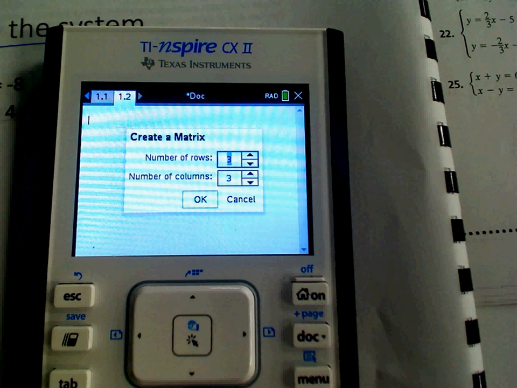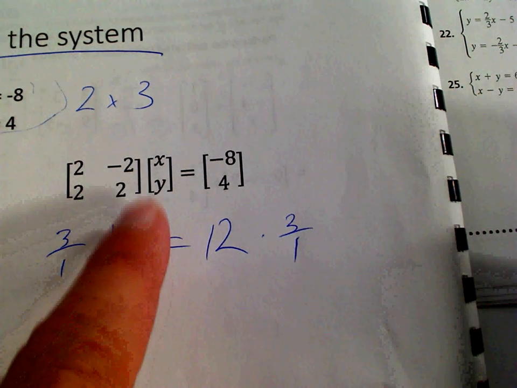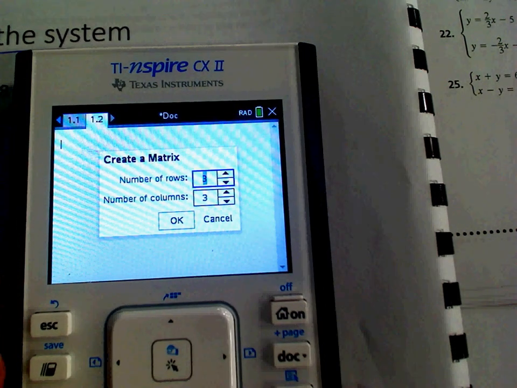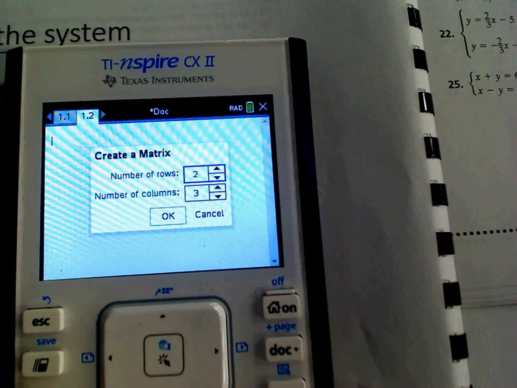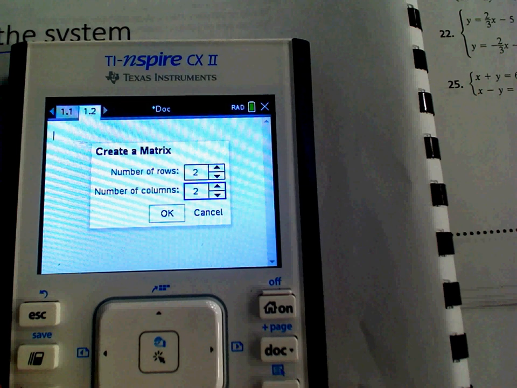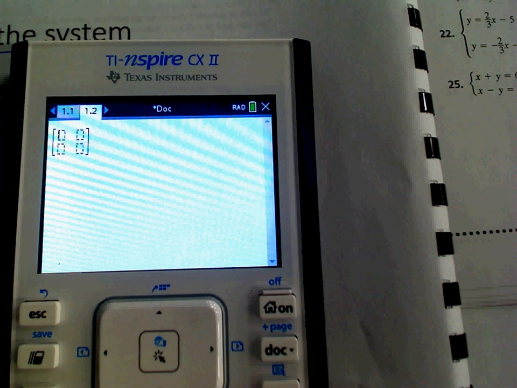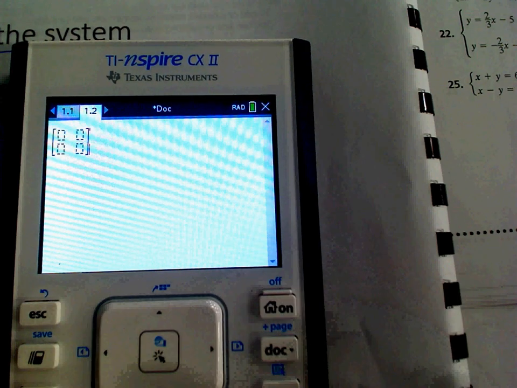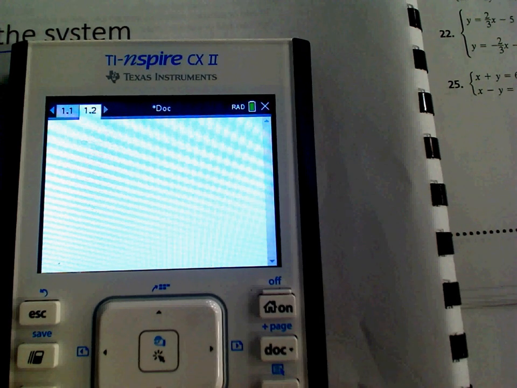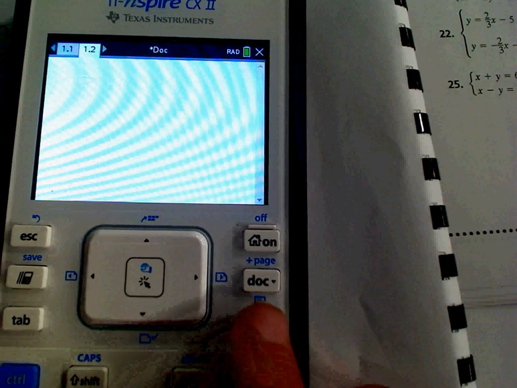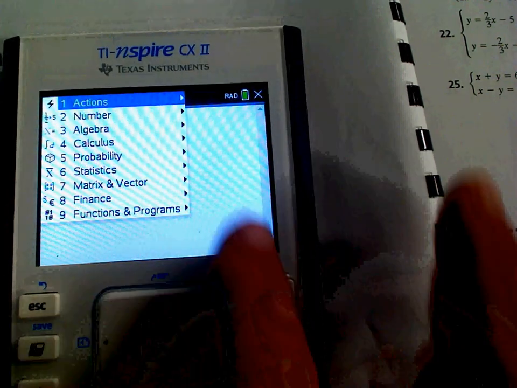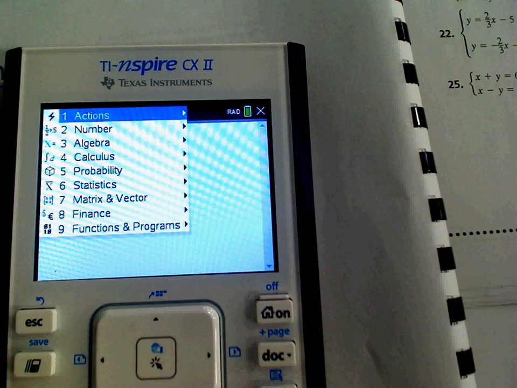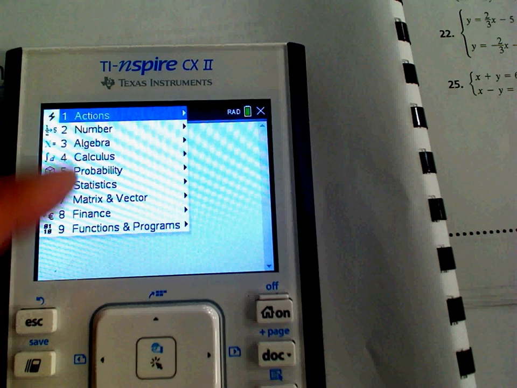Well, the first thing I need is a 2 by 2. So I didn't necessarily have to do that. I'm going to hit 2, tab, 2, enter. So I got a 2 by 2 matrix. Now I'm going to delete that for just a minute. I'm going to show you another way. Hit menu. When you're on a calculator screen and you hit menu, you get all these options. Do you see anything up there that might be applicable to what I'm about to do?